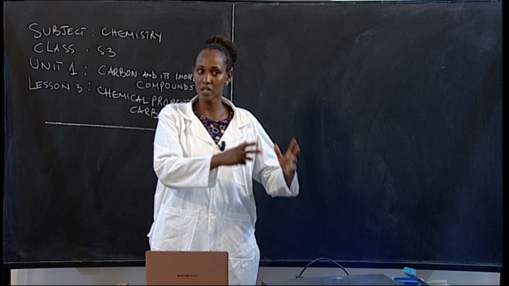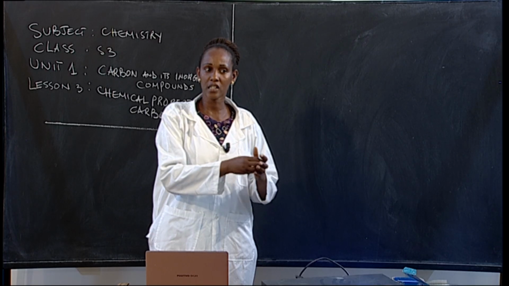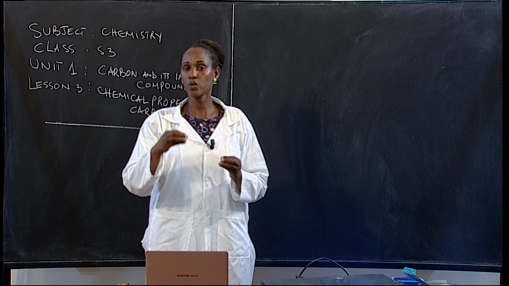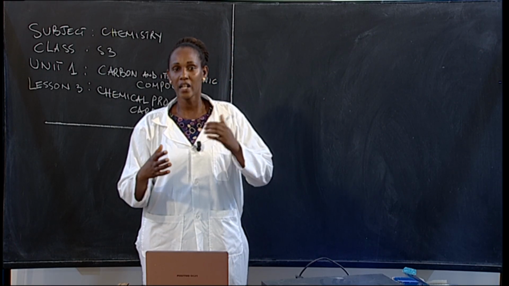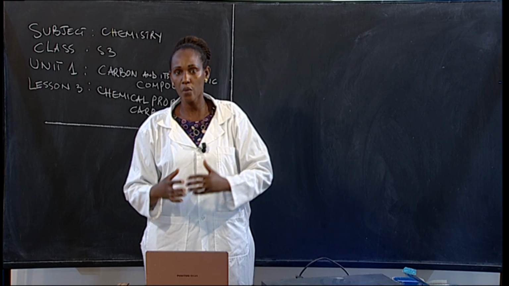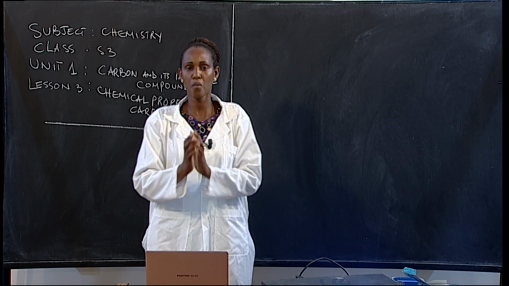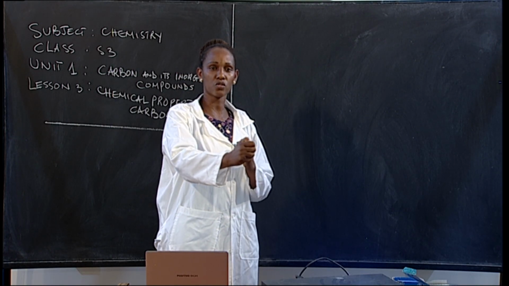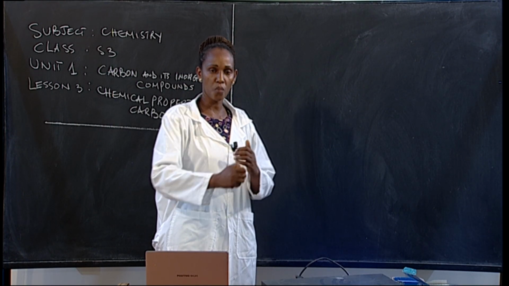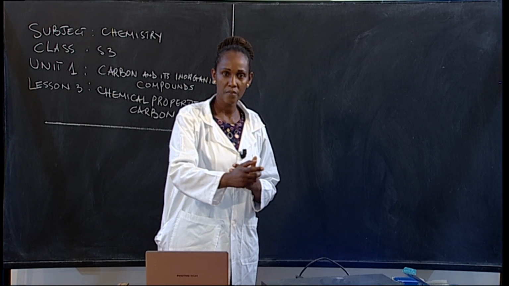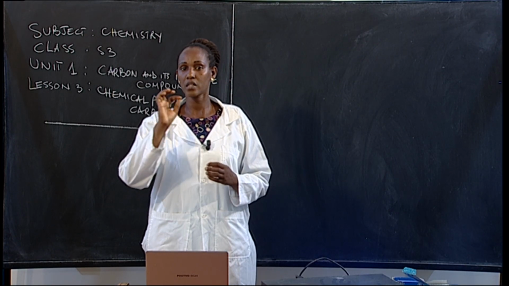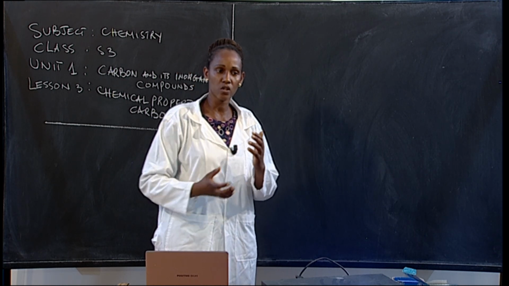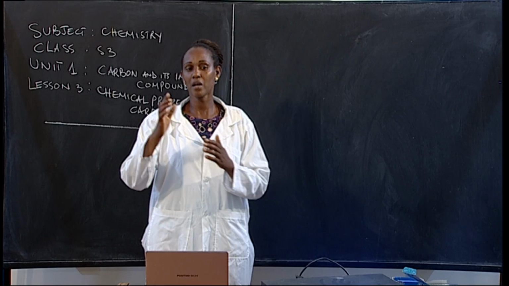I have carbon dioxide. I bubble it into lime water or calcium hydroxide. I form what we call calcium carbonate. Calcium carbonate is a white precipitate, or milky. So when I continue to bubble in a lot of carbon dioxide, this calcium carbonate and water will combine. As it combines with a lot of carbon dioxide, it forms calcium hydrogen carbonate.